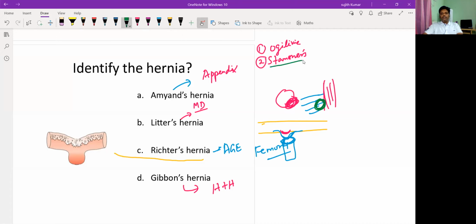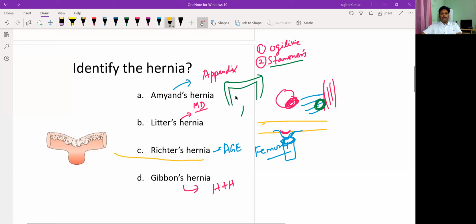And Stammer's hernia is an internal hernia. It is usually seen in case of carcinoma stomach, an advanced case, or in case of a duodenal ulcer, where you can plan for a gastrojejunostomy for diversion. In this gastrojejunostomy, you take the jejunum through the mesocolon.